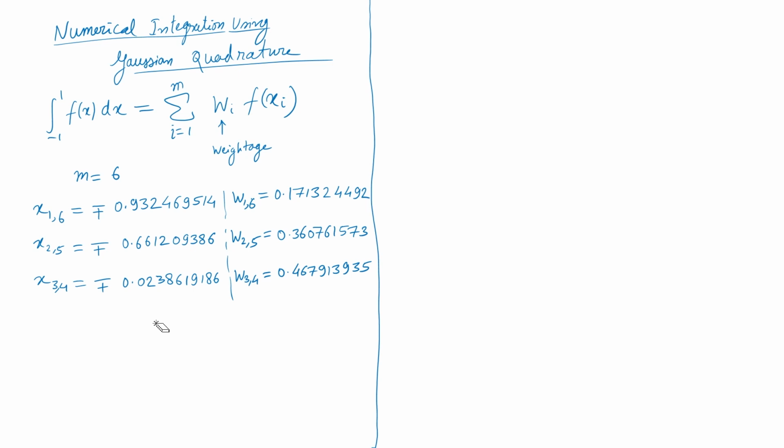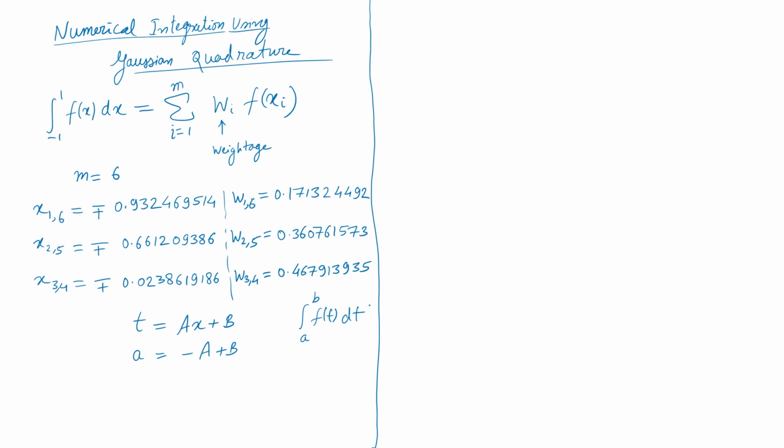I just have to use a new variable, let us say t, and I call this t as Ax plus B. So, what happens now if I go to x equal to -1, t is, say, a. So, minus A plus B. I am changing this to a generic integral from a to b of f of t dt.